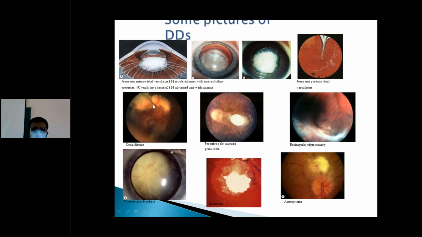This is Coats disease: you can see a yellowish white lesion in the retina. This is retinoma. This is astrocytoma. Vitreoretinal dysplasia. This is Coats disease. This is toxoplasma granuloma. This is retinopathy of prematurity. This is persistent fetal vascular syndrome.